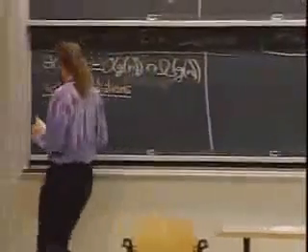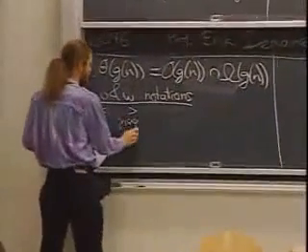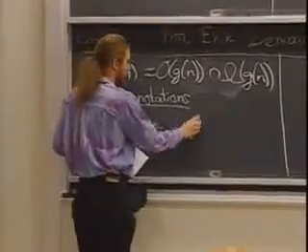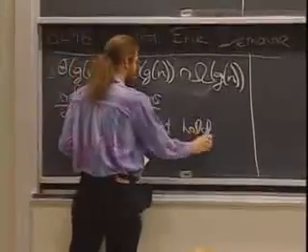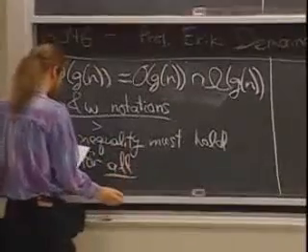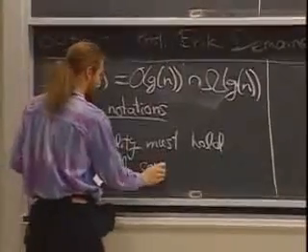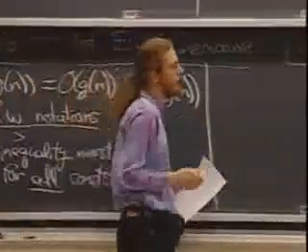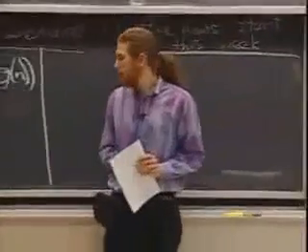So the relationship between f and g, this inequality, must hold for all c, instead of just for one. And so n naught can now depend on c.